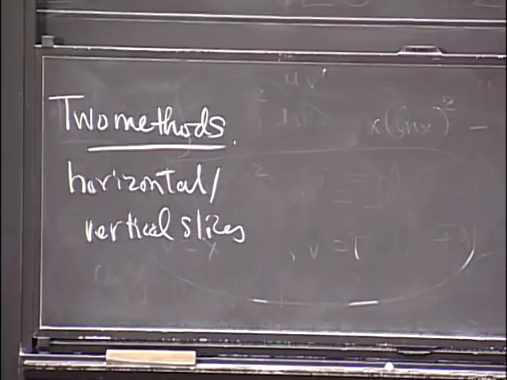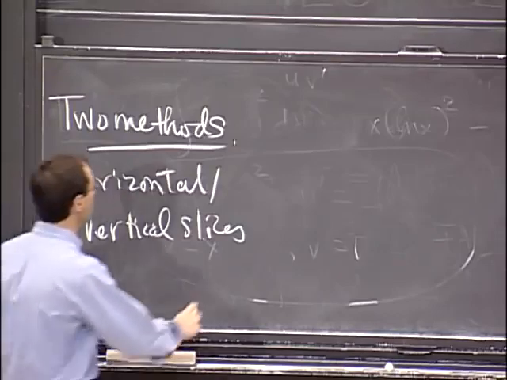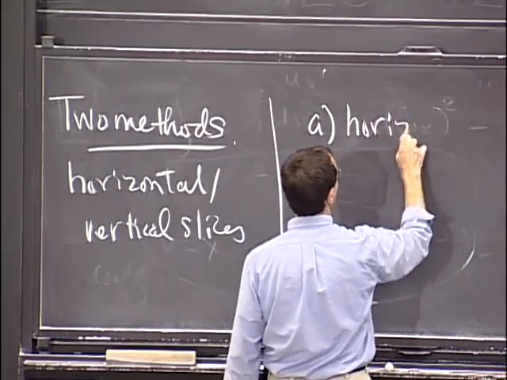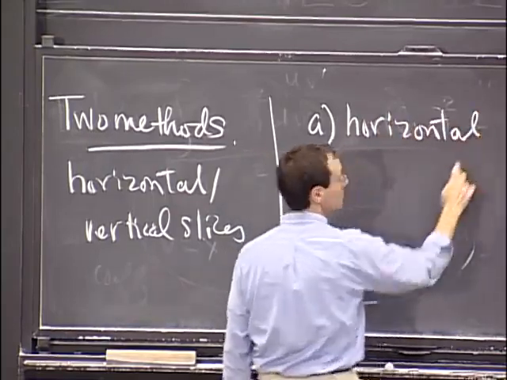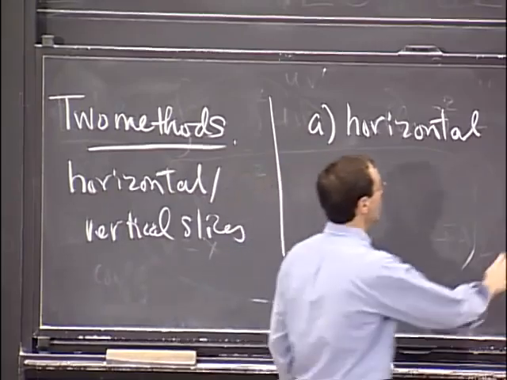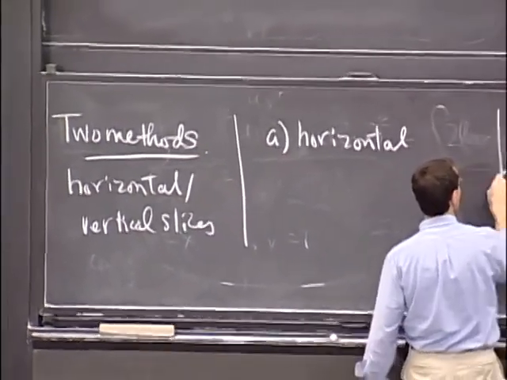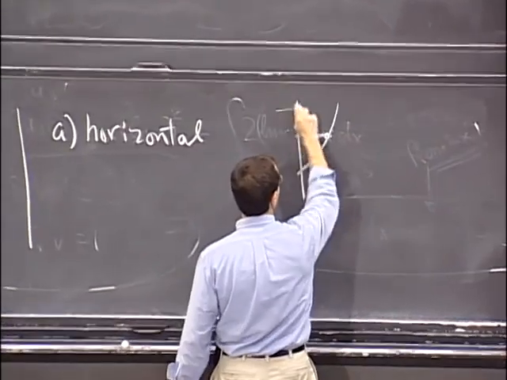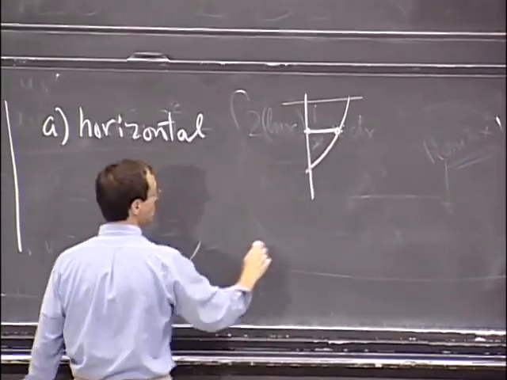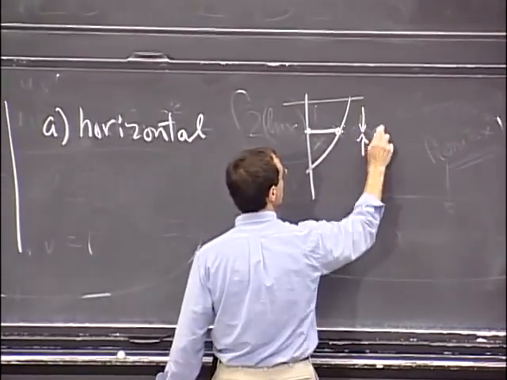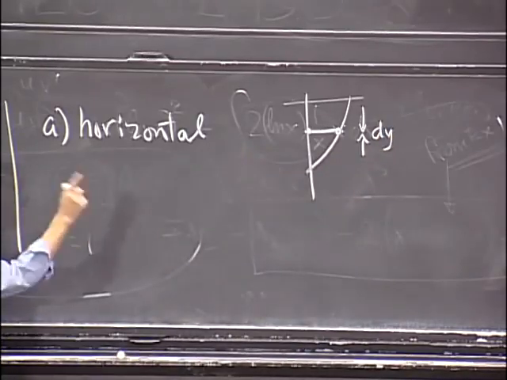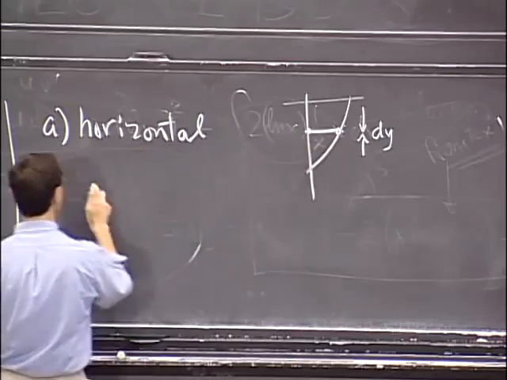Those are the two ways we can do this. Now, let's start out with the horizontal ones. That's this shape here, and we're going like that. And the horizontal slices mean that this little bit here is a thickness dy. And then we're going to wrap that around, so this is going to become a disk.